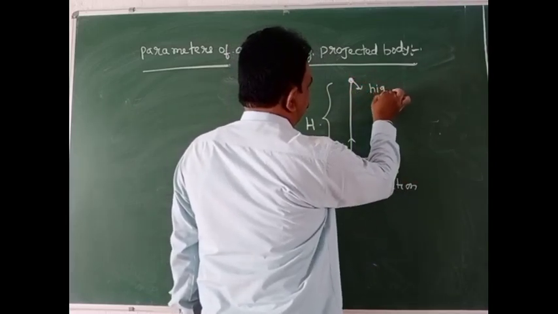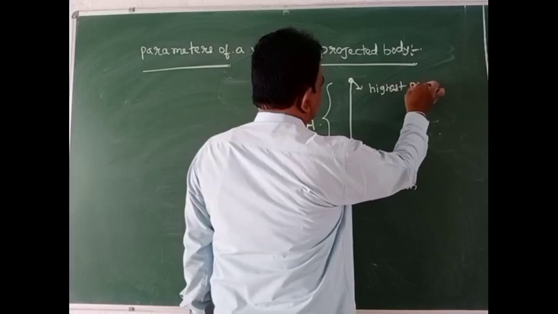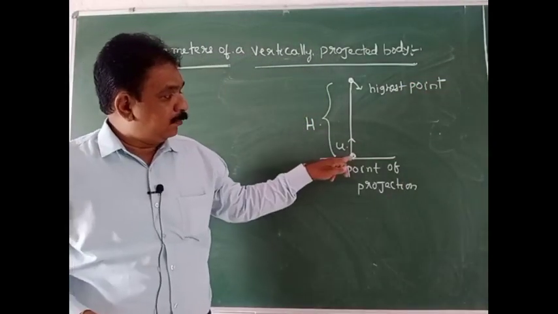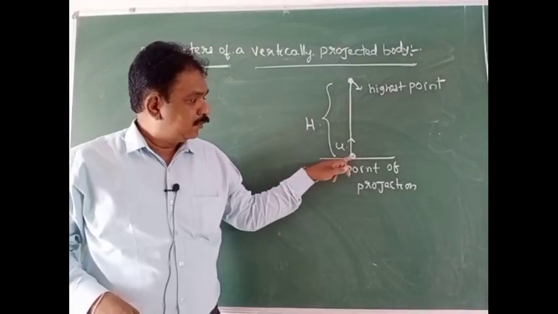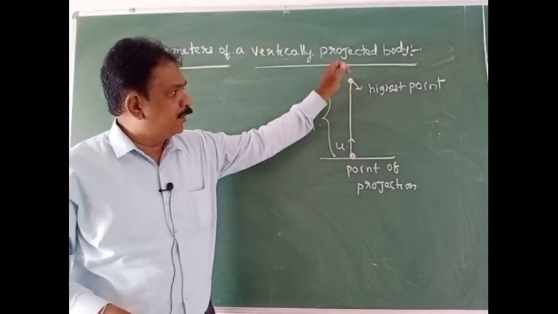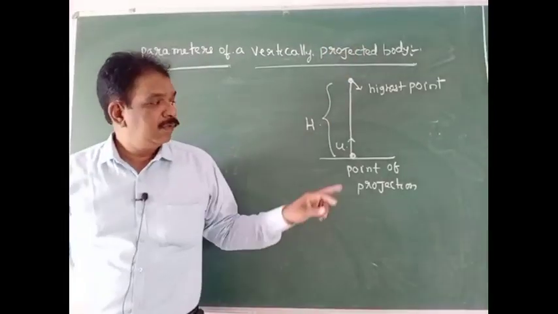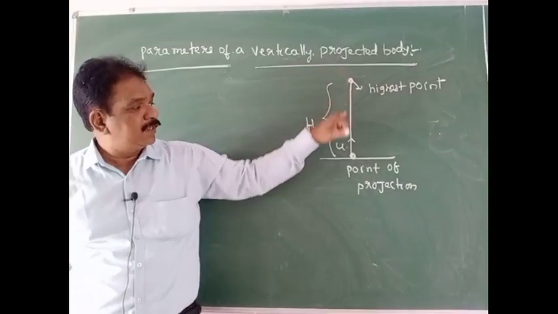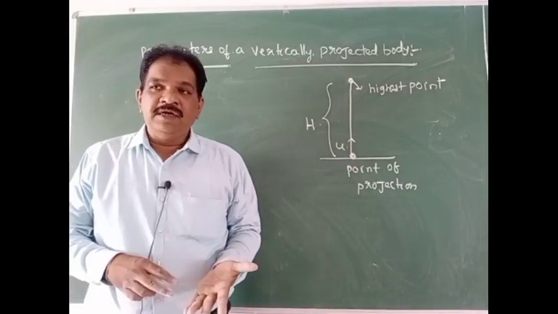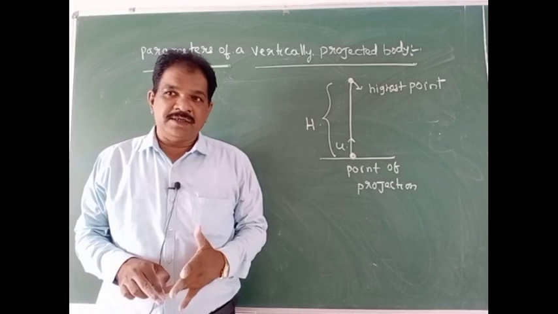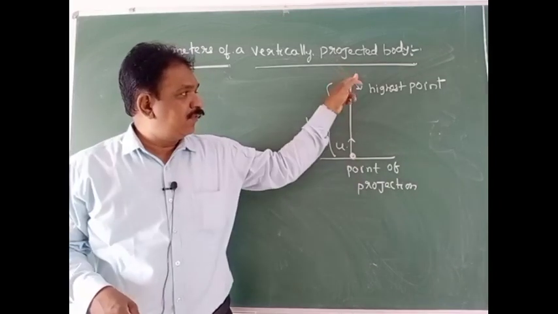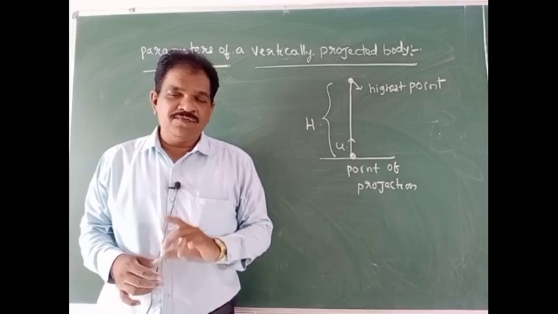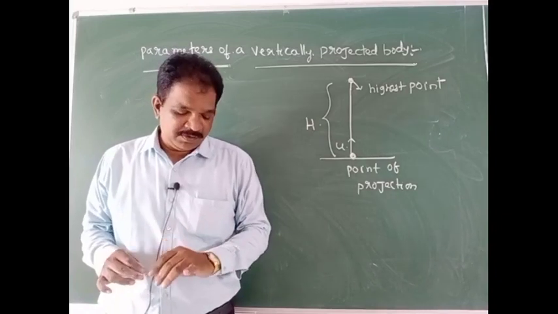This point will be called the highest point. The time taken by the body to reach from the point of projection to the highest point will be called time of ascent. From the highest point to the ground, it will be called time of descent. The total sum of time of ascent and time of descent will be called time of flight. Like that, one by one will be there.